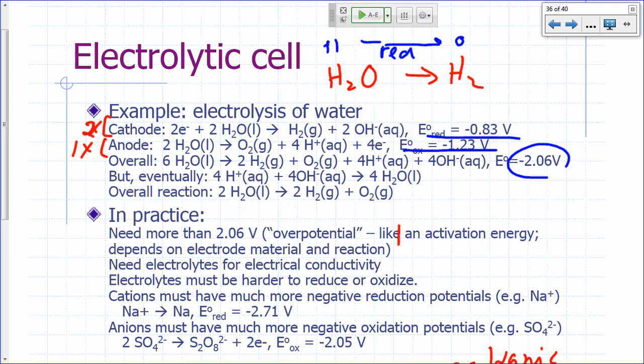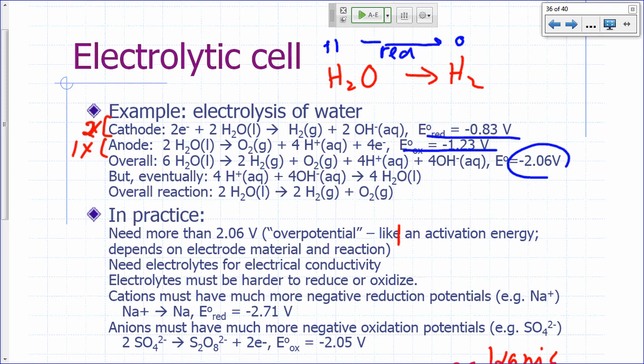That means if you want electrolysis to occur, you have to apply more than 2.06 volts. So will a AAA or a AA battery work? A AA battery gives you how much? 1.5, so it's not going to work. Two of those in series would give you a total of 3 volts. That will work. Or you can get a 9-volt battery. You can get your electrolysis to occur.